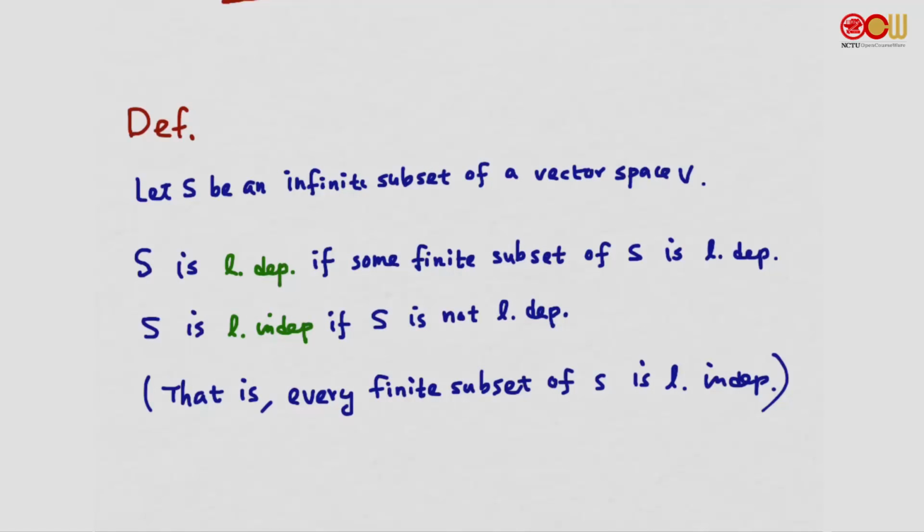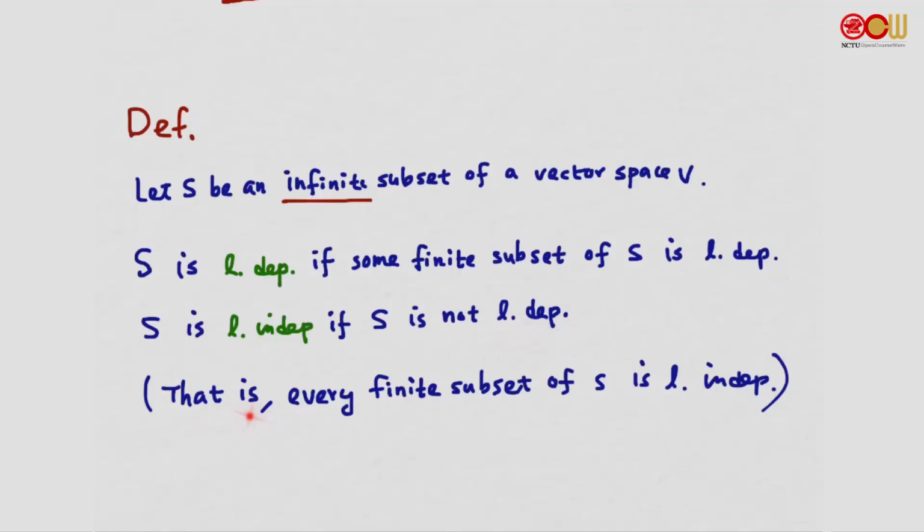S is an infinite subset of a vector space V, and we say S is linearly dependent if some finite subset of S is linearly dependent. So that means we can find some finitely many vectors that are linearly dependent. Then we say S is linearly dependent. And S is linearly independent if S is not linearly dependent.